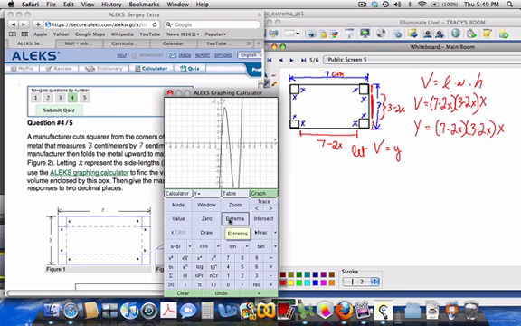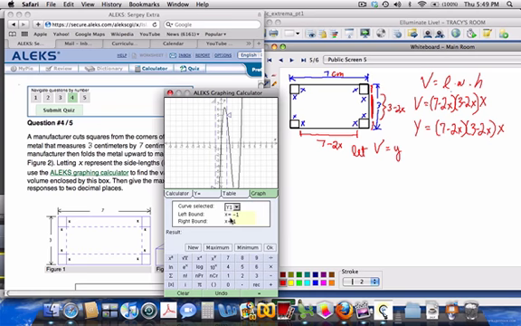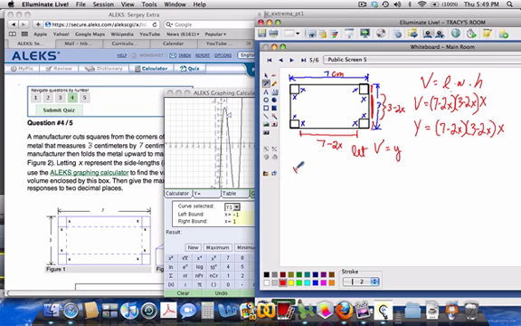We want to find the extrema, so we click extrema. Okay, now we know that x has to be greater than 0. That's going to be our left bound. And for our right bound, let's take the smallest side, 3 minus 2x, and that has to be greater than 0.